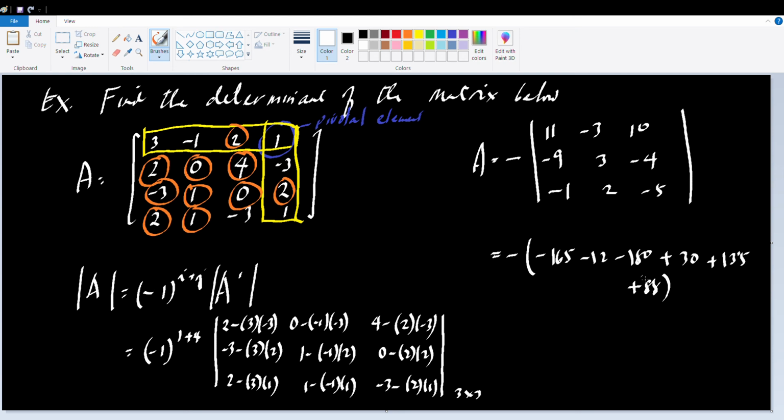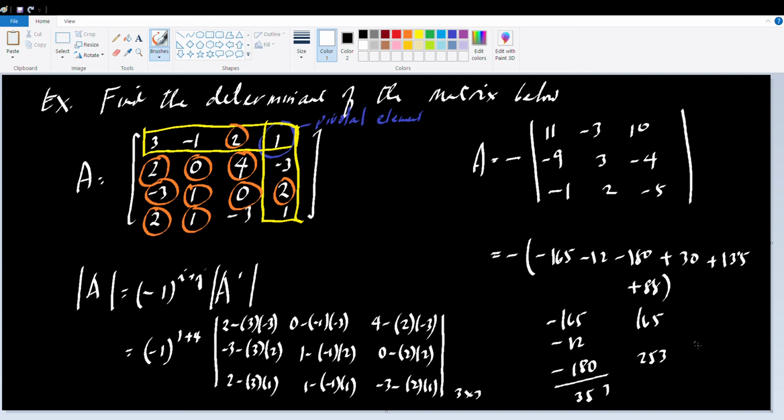So what do we have here? Negative 165, negative 12, and negative 180. That will be negative 357. 165 and 12 was 177, then 357. 30 and 135 is 165, and 88, that will be 253.